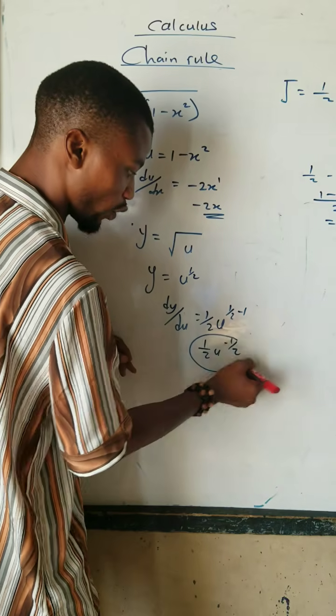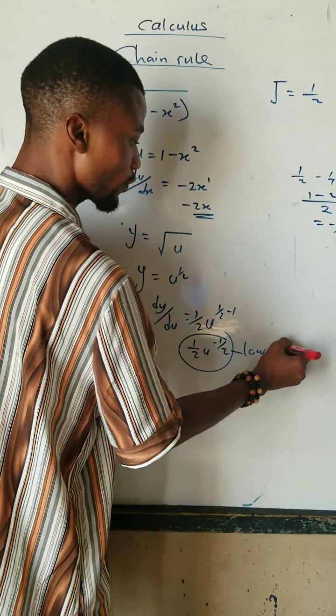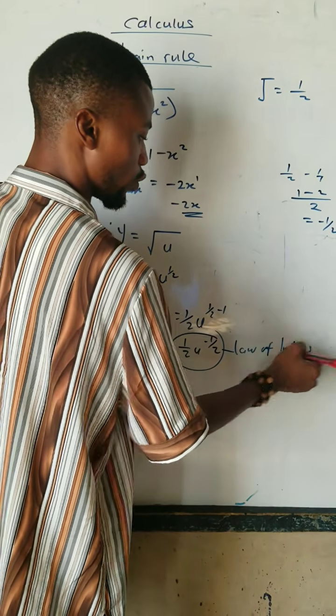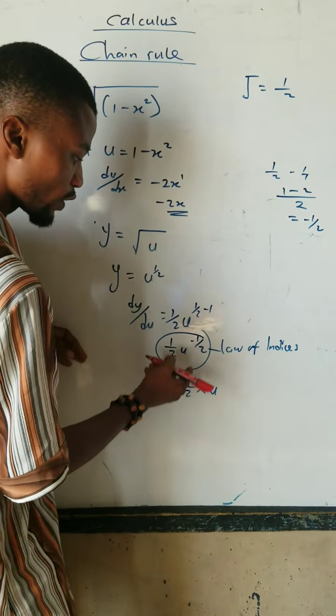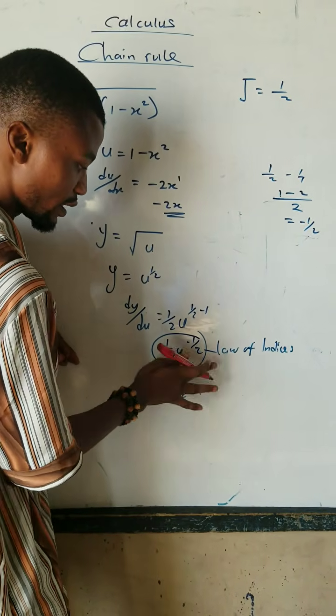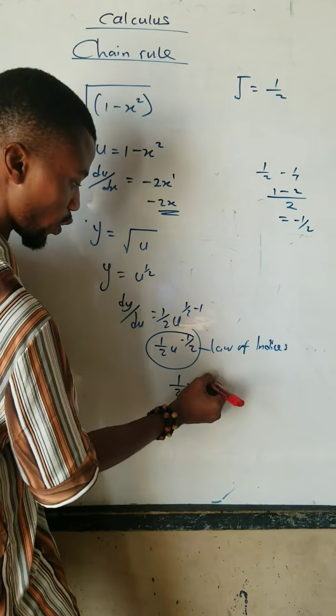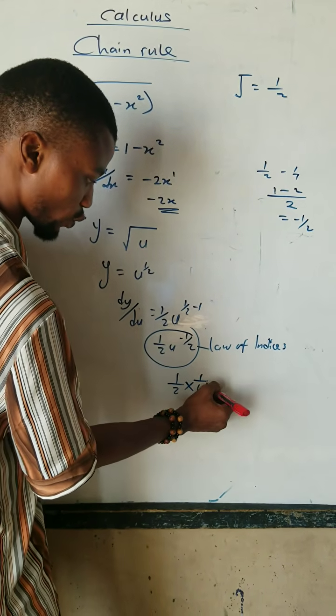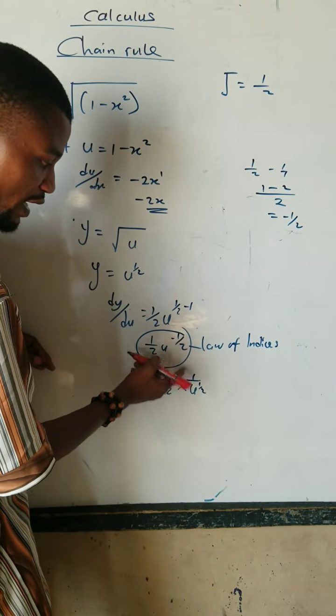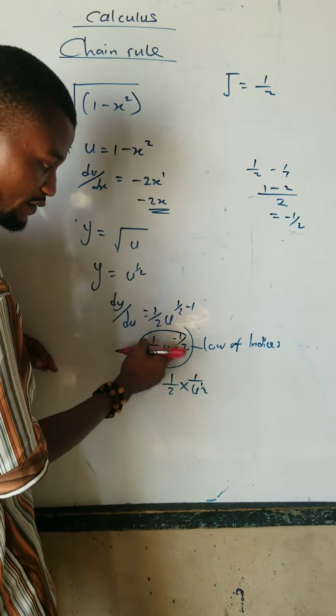Here we apply law of indices. Law of indices will be applied here. So we have 1 over 2 times u. The negative will not stand as, let me just do it this way. The negative stands as 1 over u, then 1 over 2. Negative represents 1 over. This negative stands as 1 over.